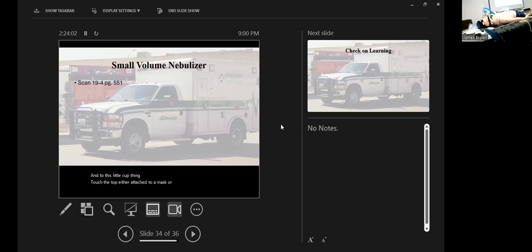Peace pipe is a long tube thing that they put in their mouth and inhale on. It's not called peace pipe, I don't know what it's called, a mouthpiece with a tube on the end. And they inhale this into their lungs. You attach it to oxygen, and it atomizes the medication and allows them to breathe it in. It works actually fairly well.